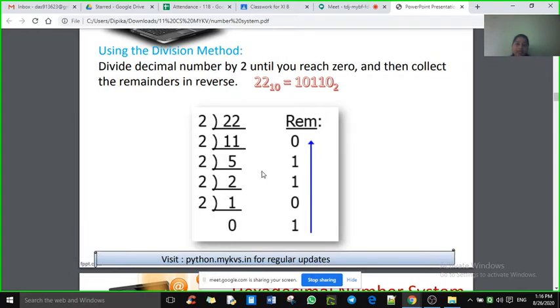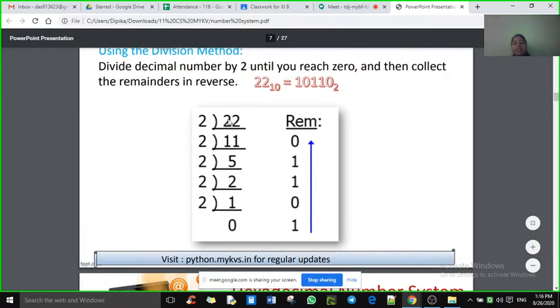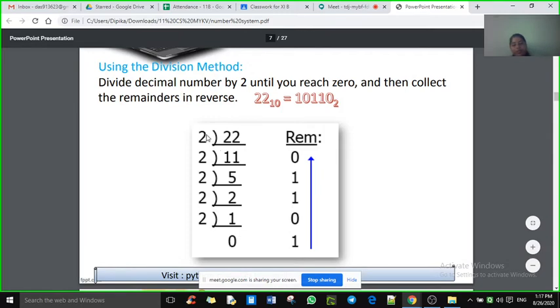So the method which is used is known as the division method. Consider this number 22, and now I will start dividing this number by 2. So 2 elevens are 22, remainder is 0. Now here it's 11 and again I will divide this by 2. So what will be the result? 2 fives are 10, 1 is the remainder.